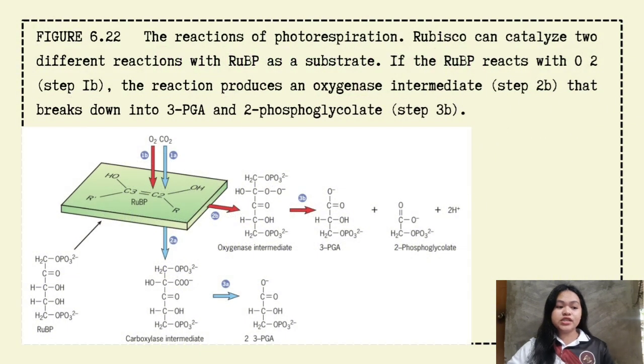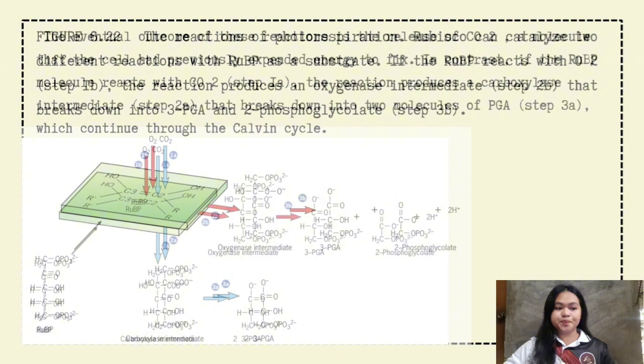In figure 6.22, the reactions of photorespiration, rubisco can catalyze two different reactions with RuBP as a substrate. If the RuBP reacts with oxygen, the reaction produces an oxygenase intermediate that breaks down into 3-PGA and 2-phosphoglycolate.